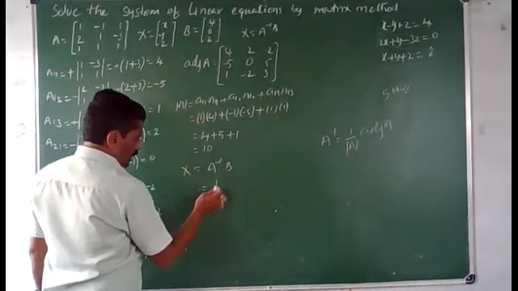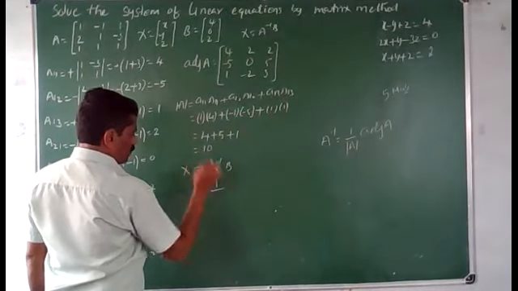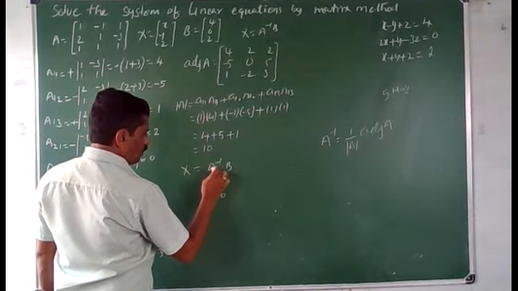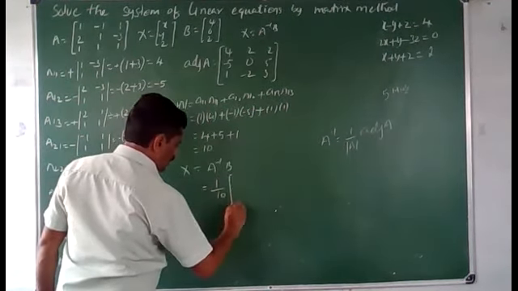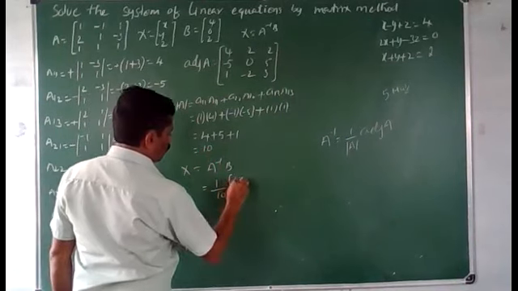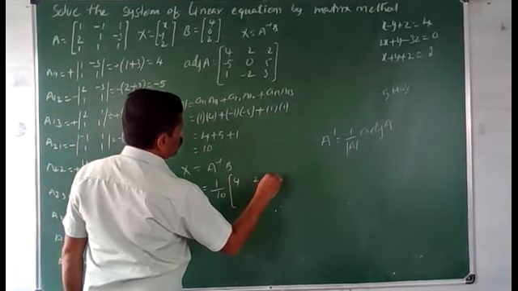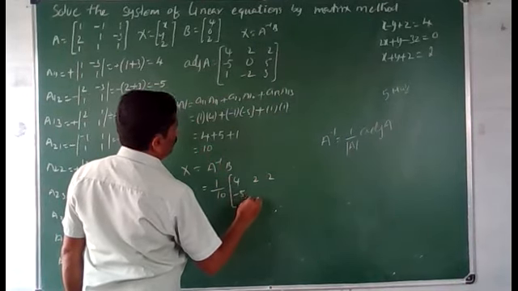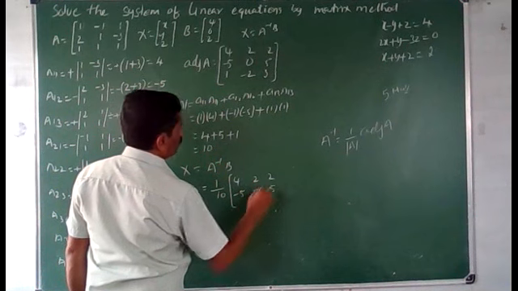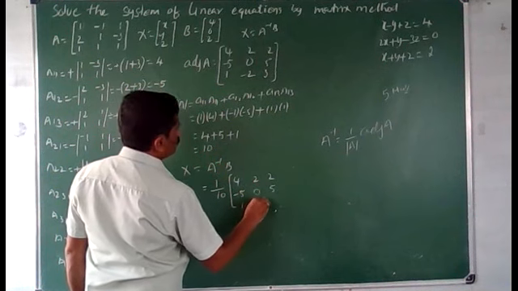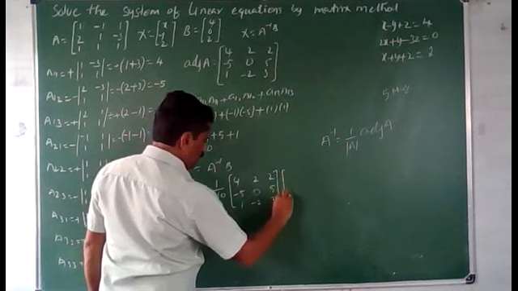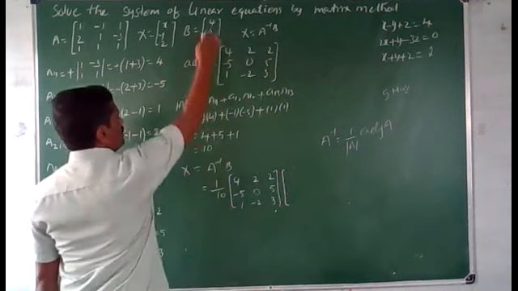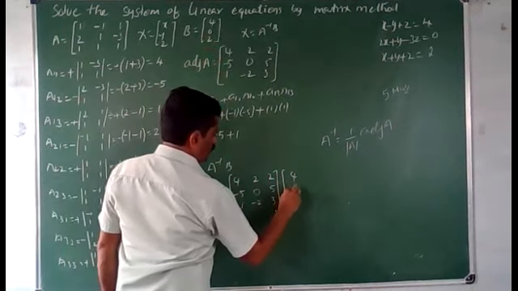So 1 divided by determinant of A. What is the determinant of A value? That is 10 into the adjoint matrix. What is the adjoint matrix here? We have 4, 2, 2, minus 5, 0, 5, 1, minus 2, 3. Okay. Into the B matrix. What is the B matrix here? So that is a constant matrix, 4, 0.